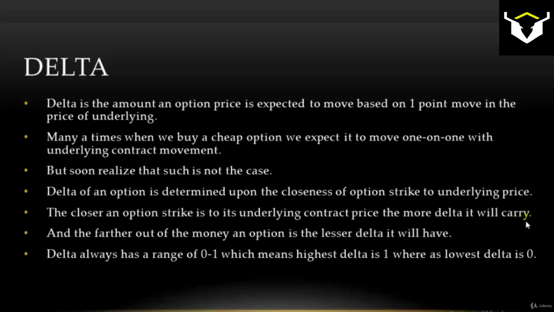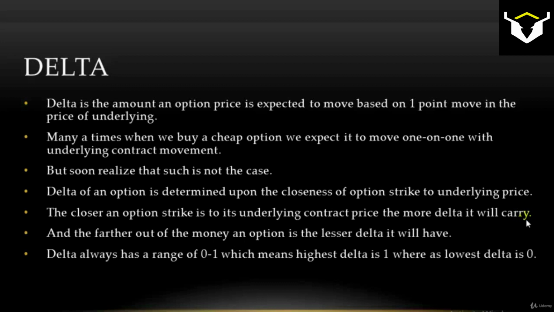For every 1 point move in the underlying contract, the option will move 1 point. So if Nifty future increases 30 points, an in the money call option will increase 30 points. If Nifty future decreases 30 points, an in the money put option will increase 30 points, and an in the money call option will decrease 30 points.